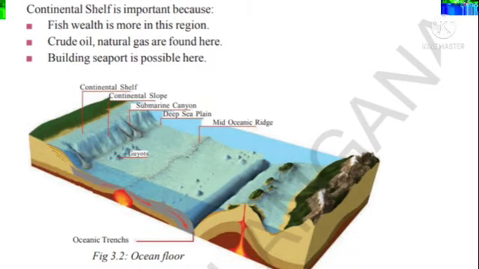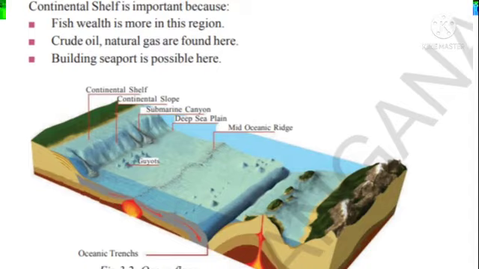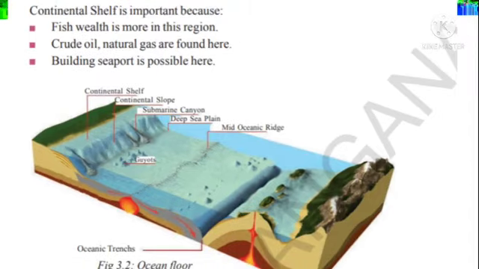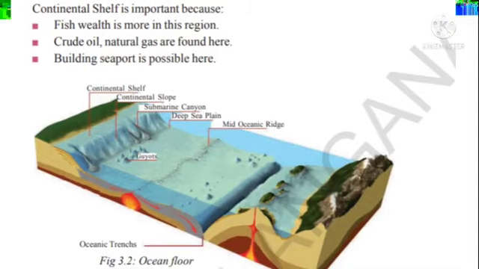Deep sea plain or abyssal plain. Deep sea plains are gently sloping areas of the ocean basins. These are the flattest and smoothest region of the world. The depth varies between 3000 to 6000 meters.